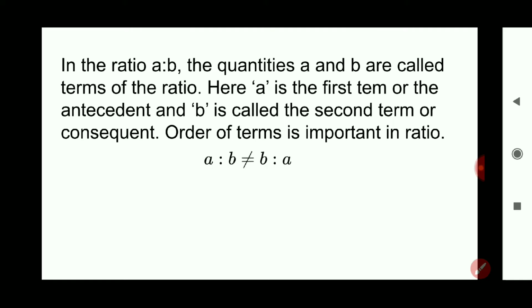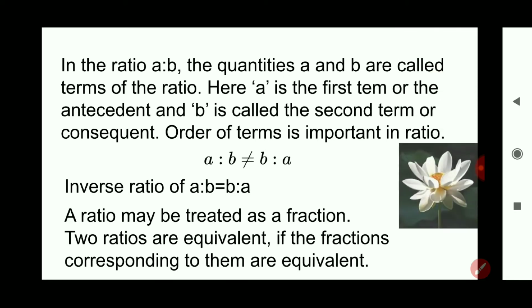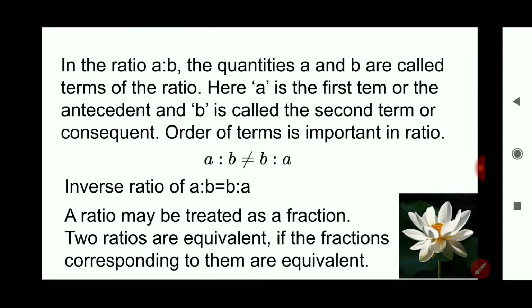So, A is to B is not equal to B is to A. Inverse ratio of A is to B is B is to A. A ratio may be treated as a fraction. Two ratios are equivalent if the fractions corresponding to them are equivalent.